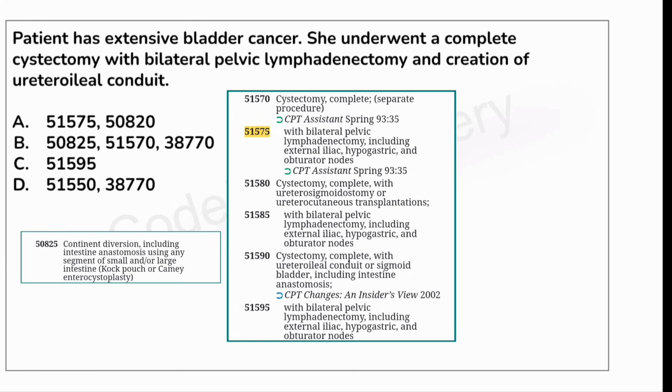Check the code in option C, 51595. 51595 is for cystectomy complete with ureteroileal conduit or sigmoid bladder, including intestine anastomosis, with bilateral pelvic lymphadenectomy, including external iliac, hypogastric and obturator nodes.